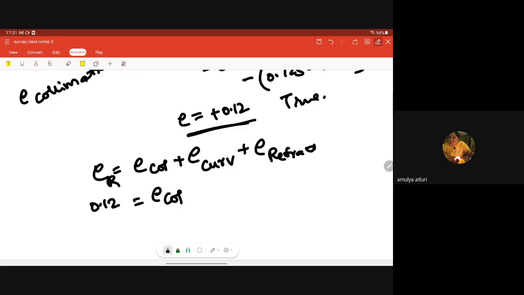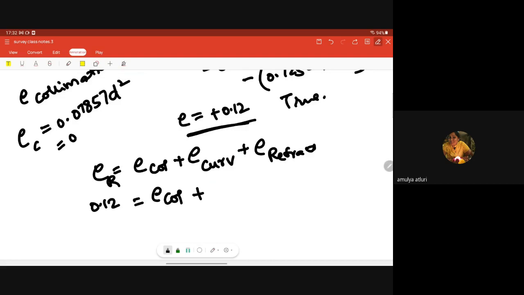We need E collimation plus E curvature. So how do we calculate E curvature? E due to curvature is 0.07857 into D squared. Distance is in kilometers, right? And luckily in the problem, it is given in kilometers only.